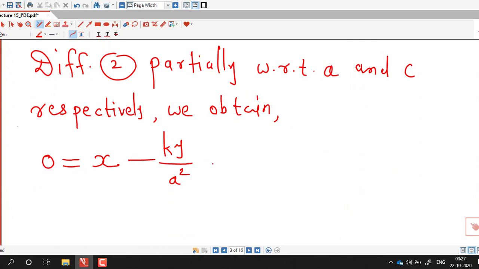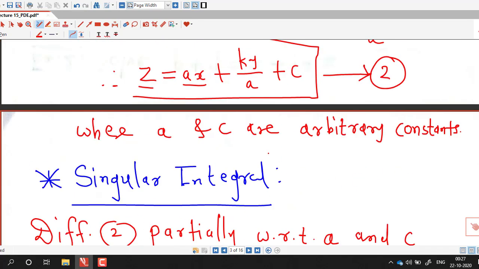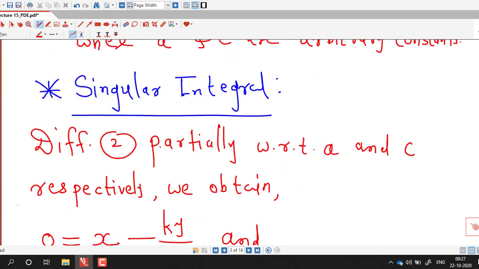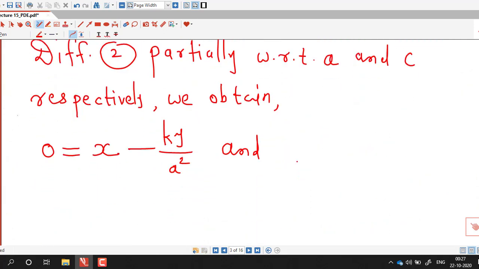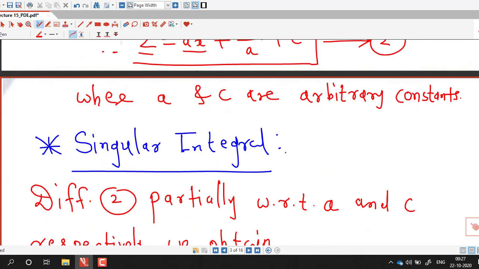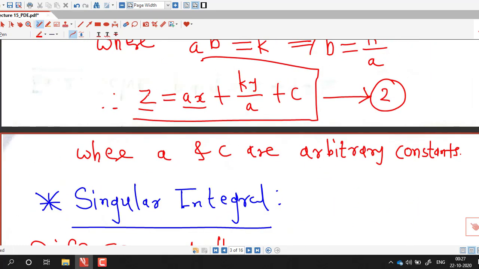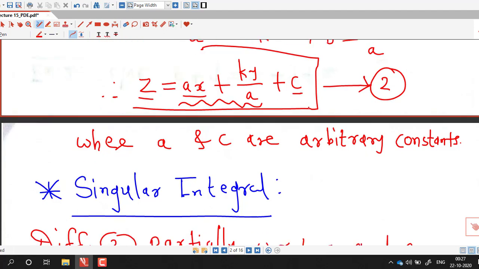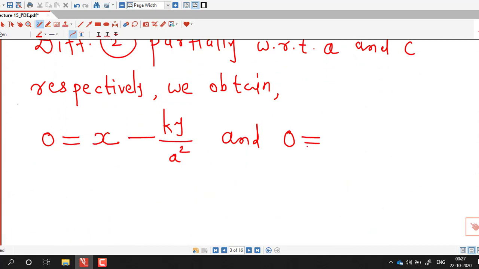And if we differentiate with respect to c, then the derivative on the left hand side with respect to c is 0 here also, because we have only z on the left hand side, and on the right hand side, the derivative of ax plus ky upon a, the first two terms, with respect to c is 0 and the derivative of c is 1. So what we obtained here is 0 equal to 1. This is not possible.